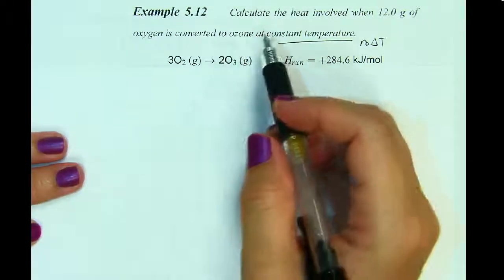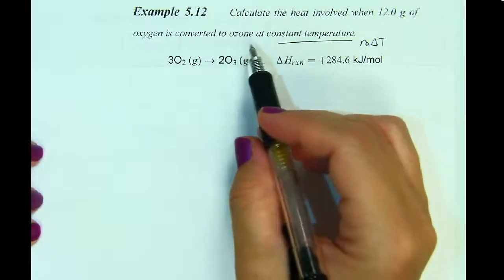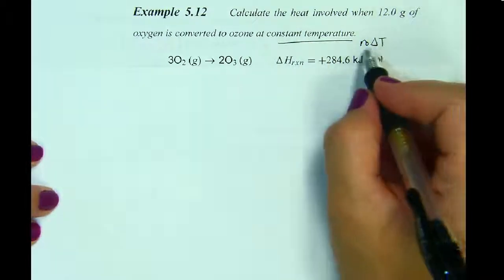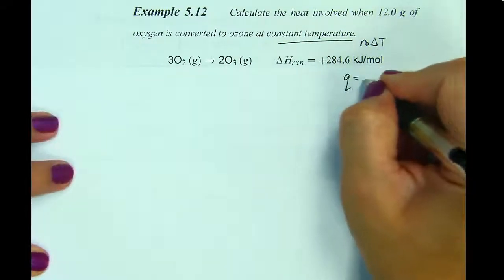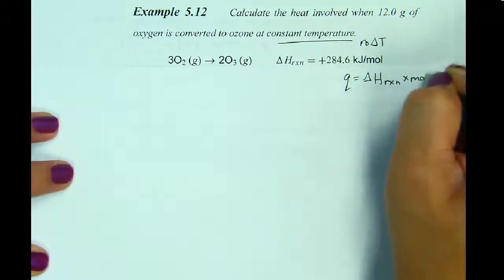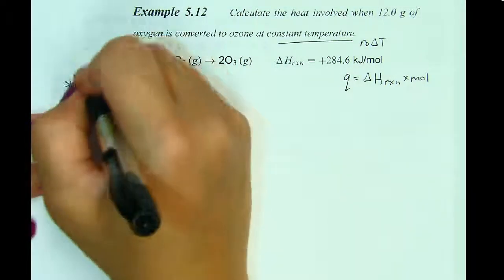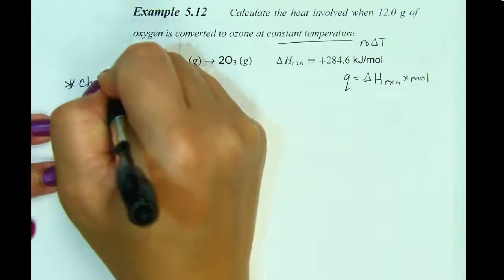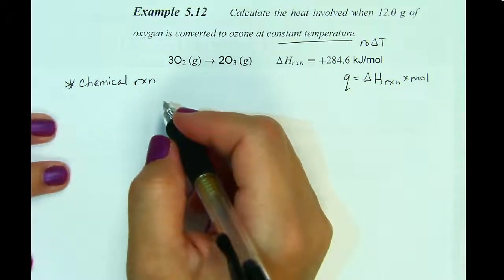Example 5.12: calculate the heat involved when 12 grams of oxygen is converted to ozone at a constant temperature. So there's no change in temperature, which leads you to want to use the equation Q is equal to the delta H, in this case of reaction, times moles. I'm going to denote here that we are dealing with a chemical reaction in order to solve this problem.